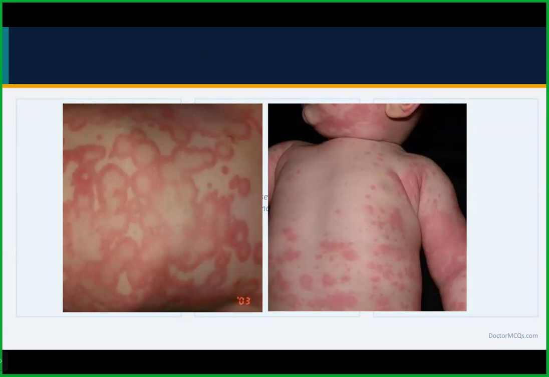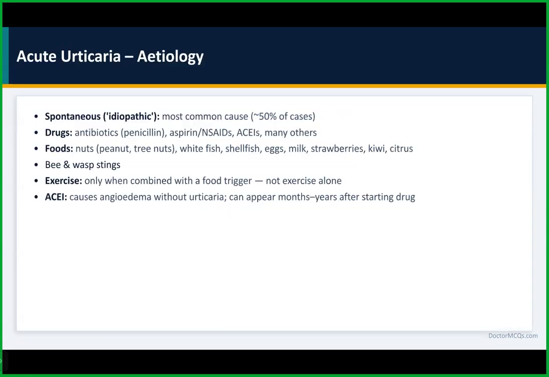The right side is in the child. Mostly it's not known what causes acute urticaria, but there could be some drugs and foods, and sometimes even exercise associated. Drugs include penicillin, aspirin, and ACE inhibitors.